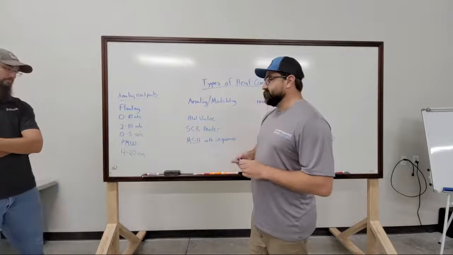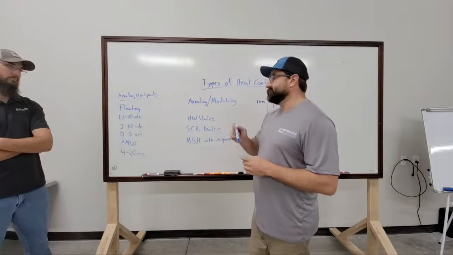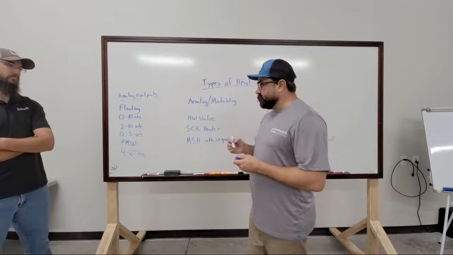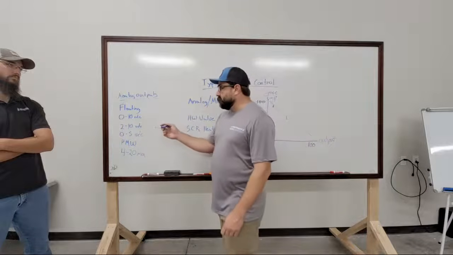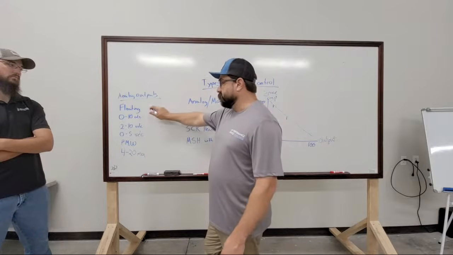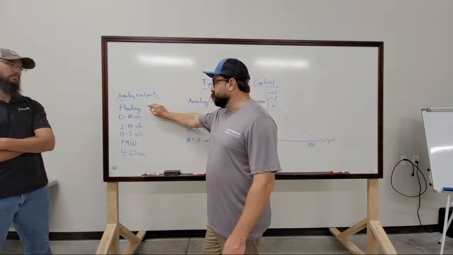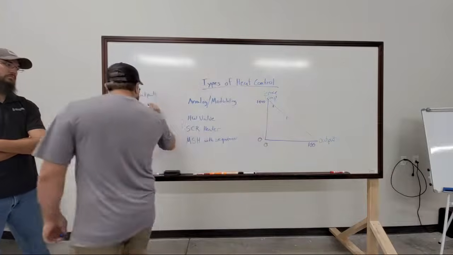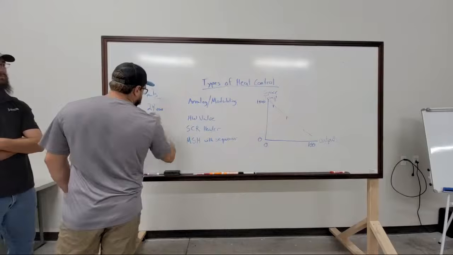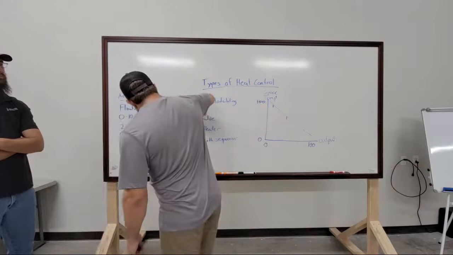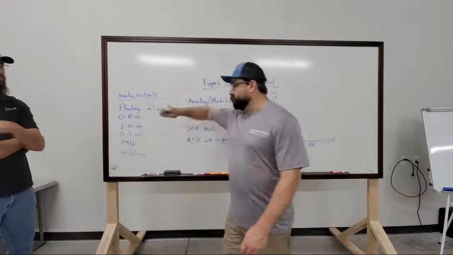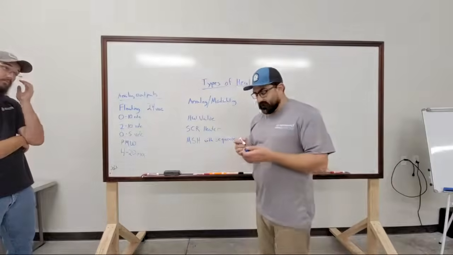Floating is pretty much pulse width modulation, in a way. It just depends on what type of device is taking the output, whether you want to call it floating or pulse width modulation. But in our realm of things, if I have a floating output, what I'm doing is pulsing a 24 volt signal over a set amount of time.